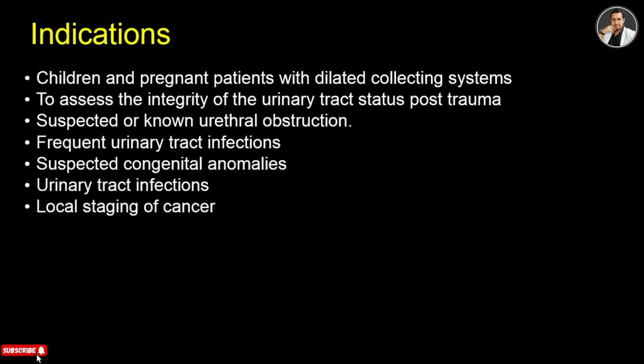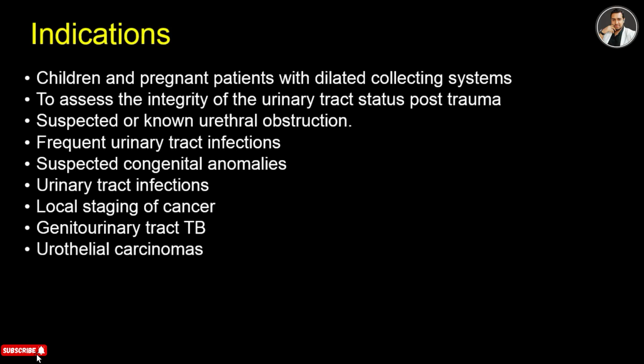So to evaluate kidney cancer or bladder cancer, genitourinary tract TB, that means the urinary tract can be infected by tuberculosis. Urothelial carcinoma, that is a urethral cancer, mainly in female patients. The urethral cancer is common. And urologic malignancy, so that is one type of cancer.